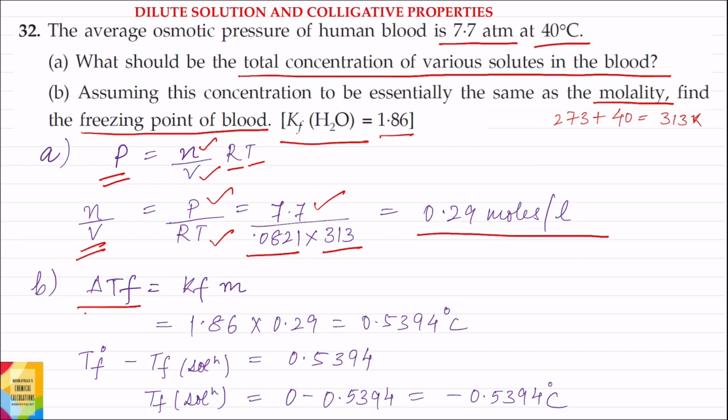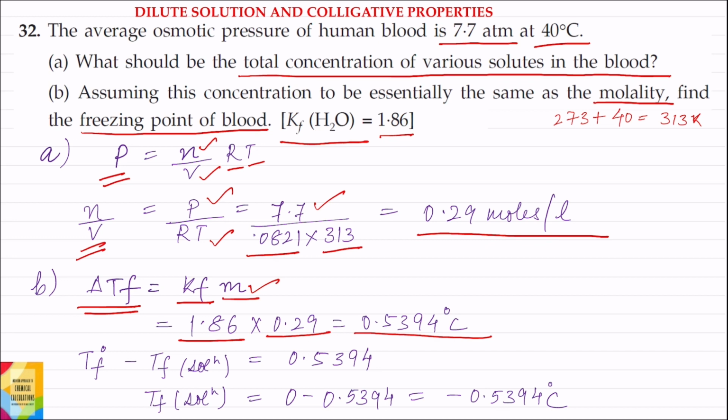So delta Tf, that is depression in freezing point, is equal to Kf into m. This m is molality of the solution. Kf's value is 1.86, molality's value is 0.29. So Kf into m is equal to 1.86 into 0.29, that is 0.5394 degrees centigrade.